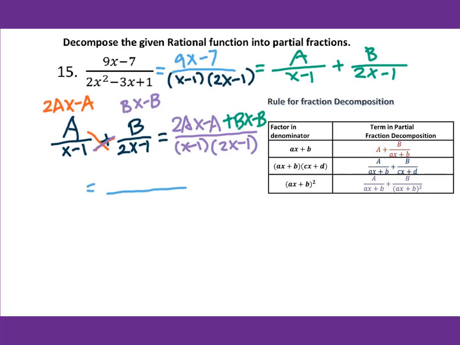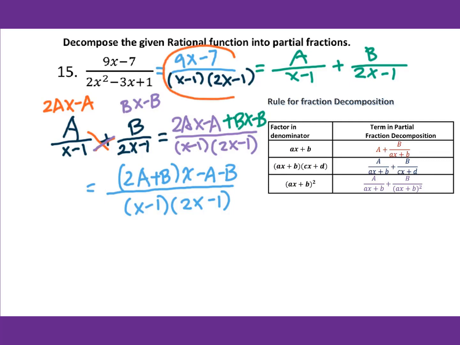Put the x together: 2a plus b times x, minus a minus b. The denominator is the same. Then it will be equal to 9x minus 7 over x minus 1 and 2x minus 1.